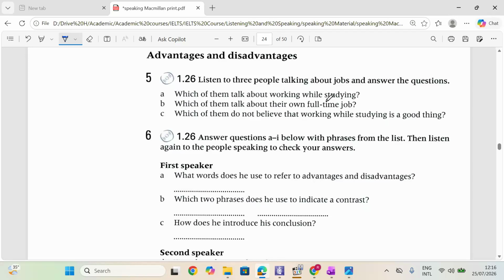Is it speaker 1 or speaker 2 or speaker 3? The second one, which of them talk about their own full-time job? And the third question, which of them do not believe that working while studying is a good thing? Listen and try to decide.